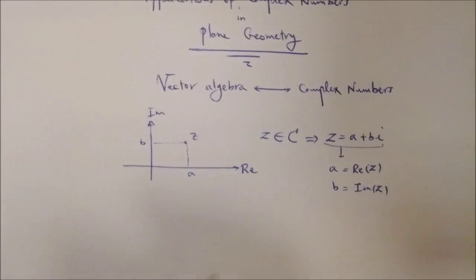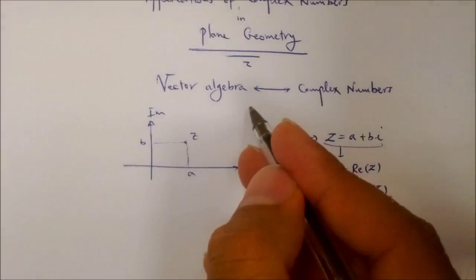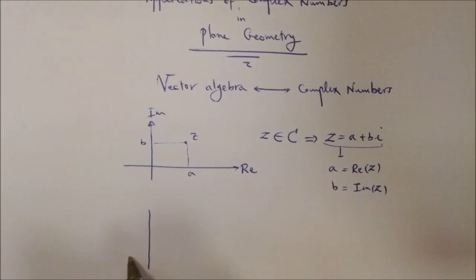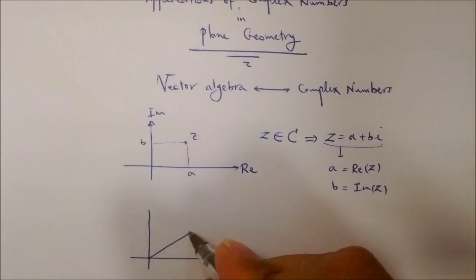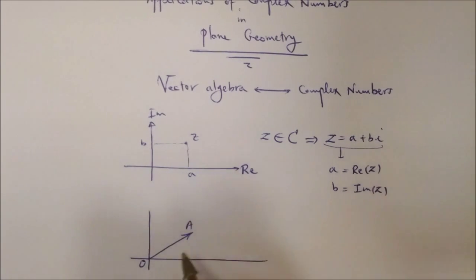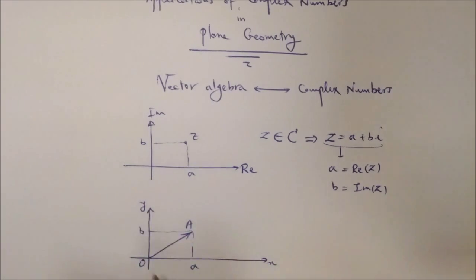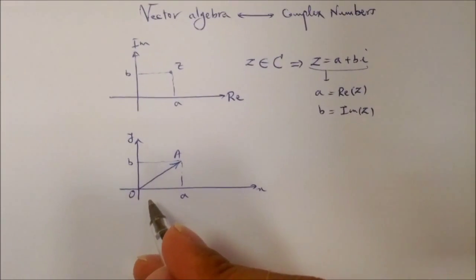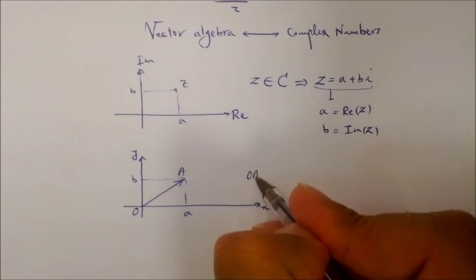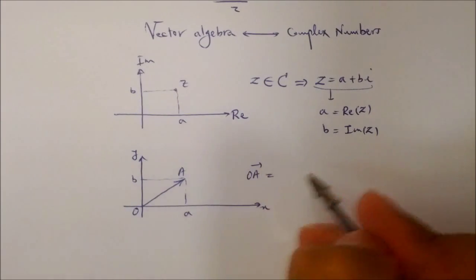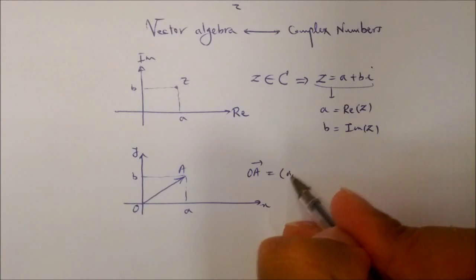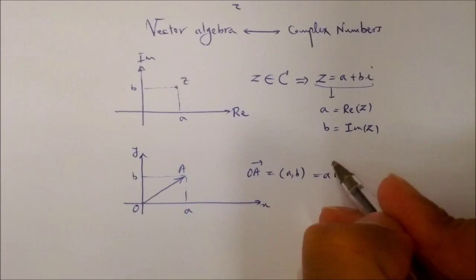In the vector algebra theory, I can characterize any vector OA with its two components following x and y direction, so it's the Cartesian xy plane.